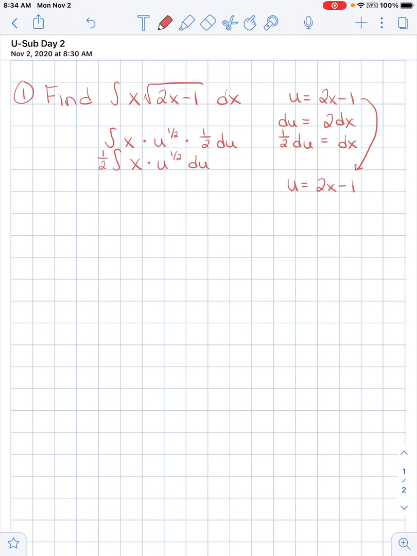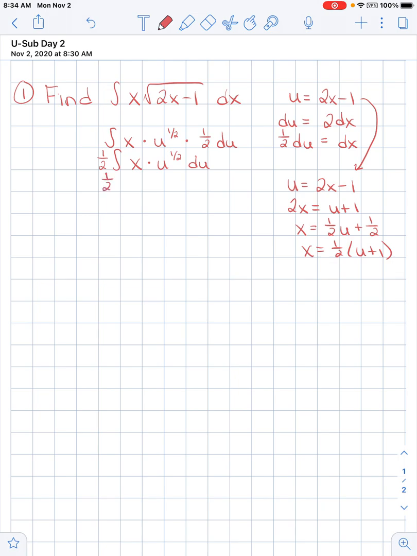If I manipulate that equation and isolate the x, then I'll be able to write x as a function of u. So I've got 2x equals u plus 1, and if I divide everything by 2, x equals 1/2 u plus 1/2, or half of u plus 1.